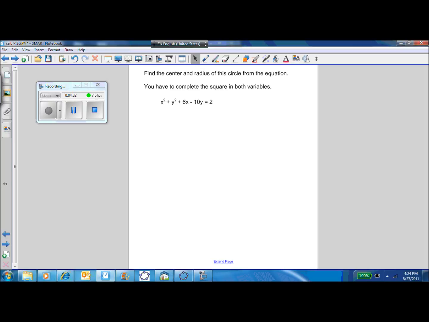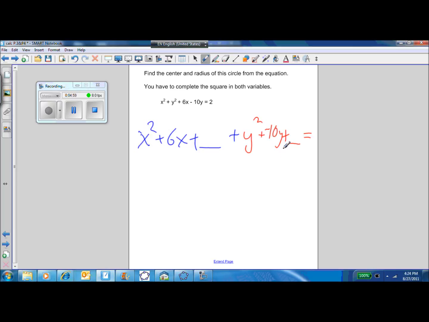Okay, now we're going to find the center and radius of the circle from this equation. You have to complete the square in both variables. So we separate the variables. Let's put the x squareds in one group, plus blank, and do the y squareds in another group, y squared plus negative 10y plus blank, equals, and then we've got blanks on the other side, right?